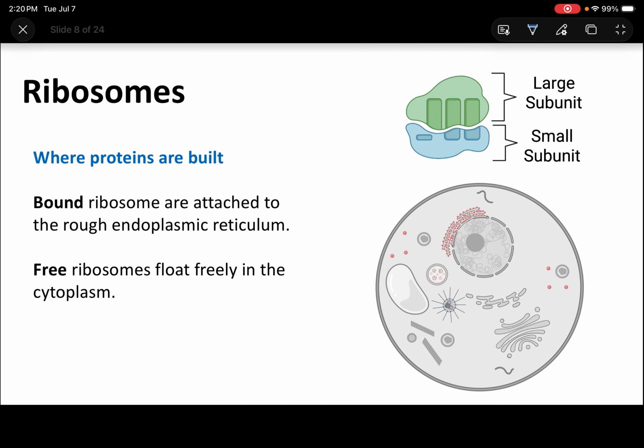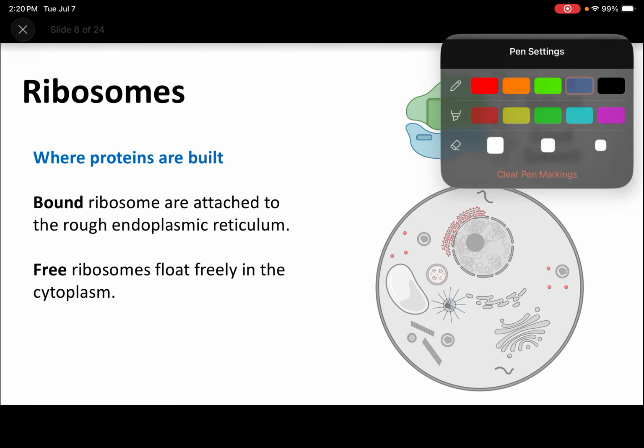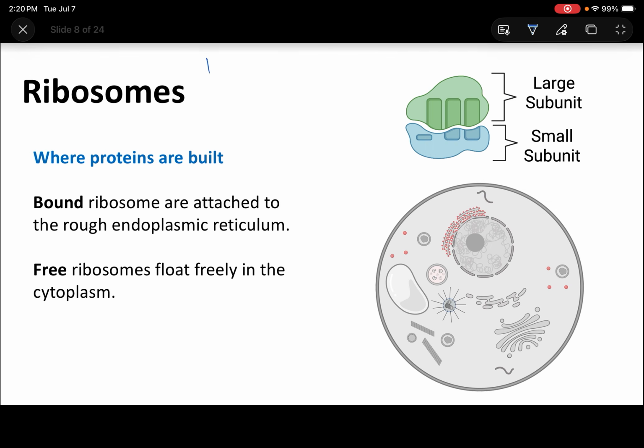The next major organelle I'm going to talk about is ribosomes. Ribosomes exist in both prokaryotes and eukaryotes. Ribosomes are really cute tiny structures that consist of two subunits, a large subunit and a small subunit. Ribosomes build proteins.